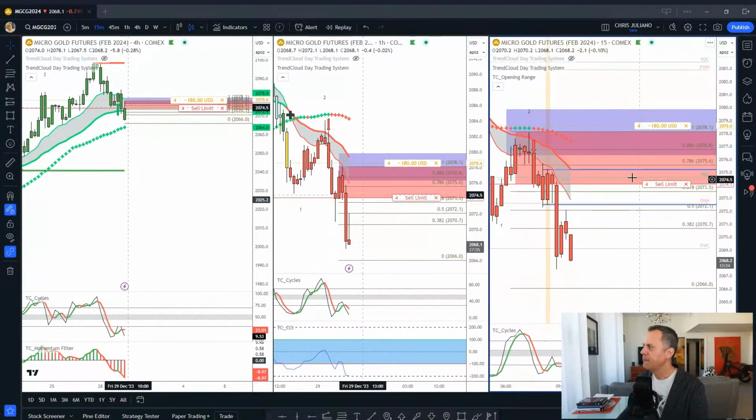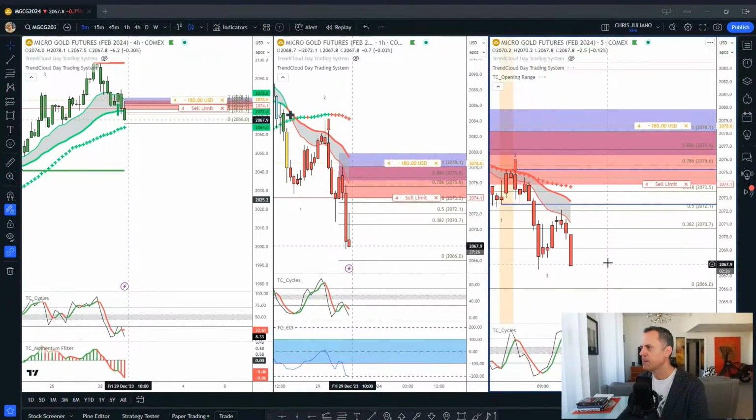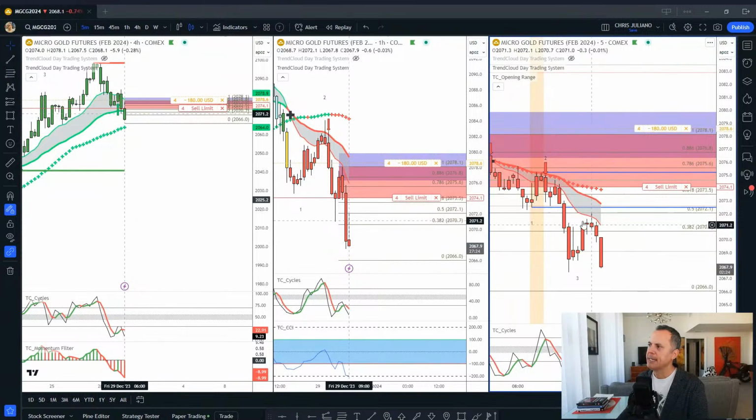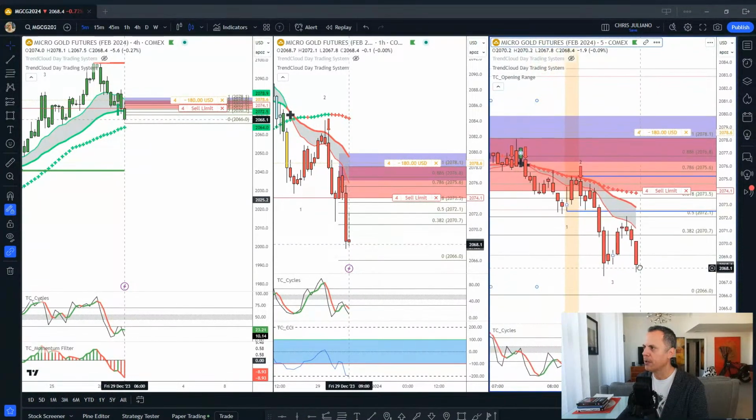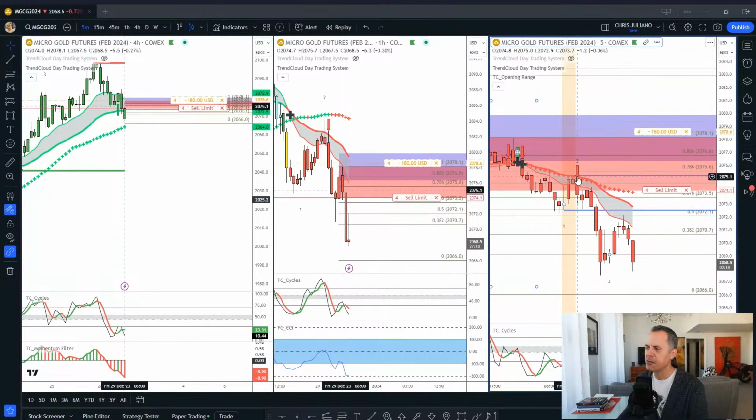Now, if we miss the demand zone, jump down to that 5-minute, okay? Unfortunately, we missed it, right? These TrendCloud signals, guys, I can't tell you how powerful these 5-minute TrendCloud signals are.